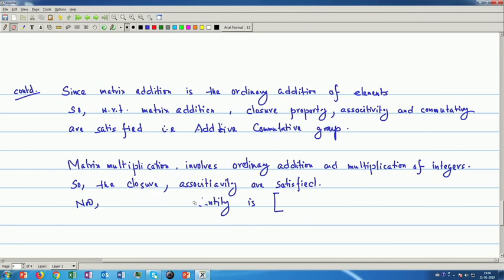With respect to the multiplicative operation of matrix multiplication, the distributive property also holds.